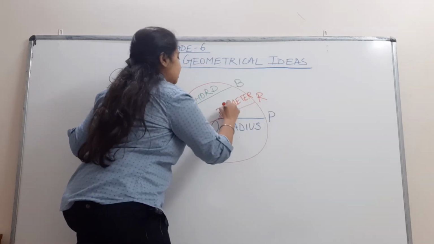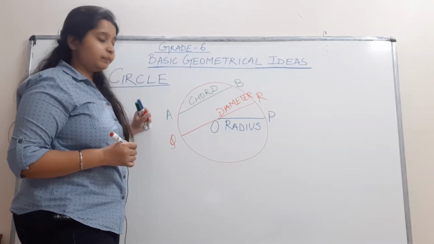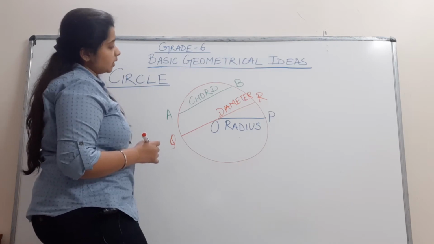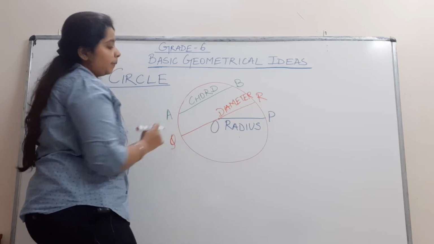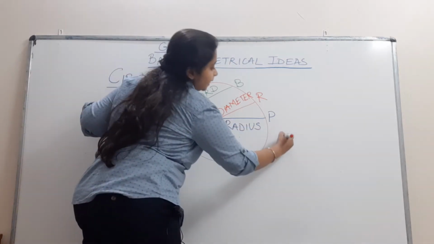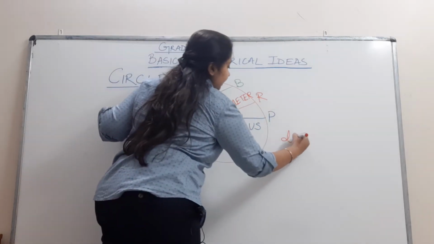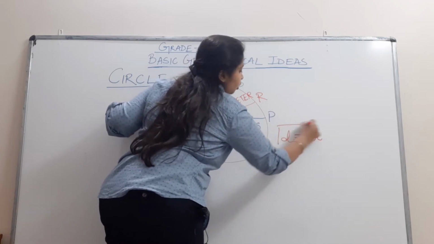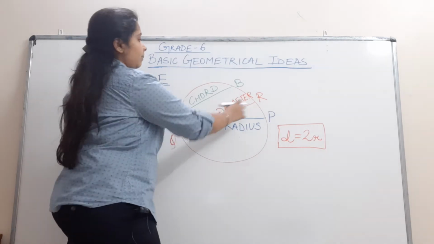And as you see, that diameter is the double of the radius. So diameter is denoted by small d and radius is denoted by small r. So diameter is equal to 2r. Diameter is double of radius.